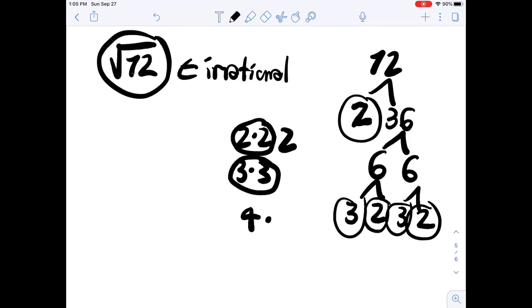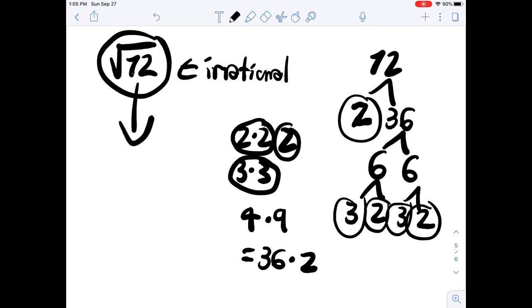And so we're going to multiply 4 by 9, which is 36. And then we have a 2 left over, so that's 36 times 2. So what this is saying is that the square root of 72 is equivalent to the square root of 36 times 2.